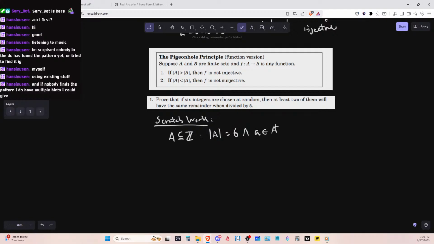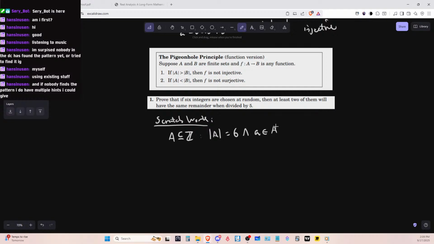So this one is a pretty abstract one. So we have A, which is a set of 6 elements that are elements of the integers. So we have an infinite amount of numbers to pick, but we can only put 6.